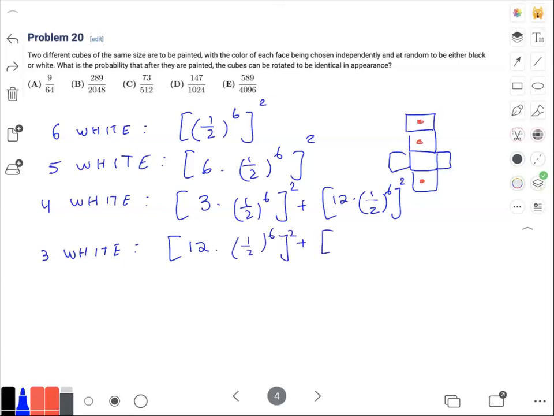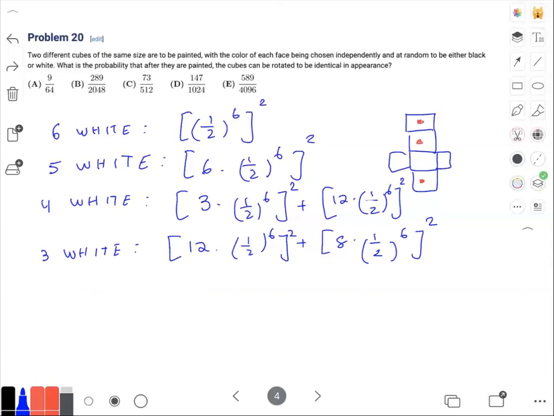And then we choose 3 faces out of 6, which is 20, and minus 12 gives us how many of them mutually share an edge. So this is 8. So 8 times 1/2 to the 6 squared.